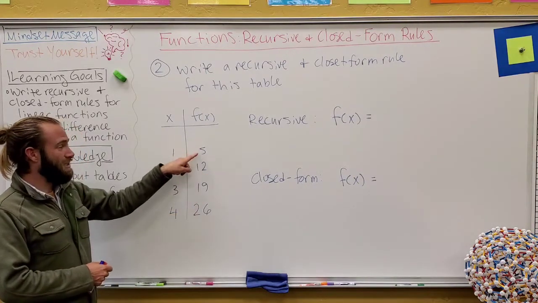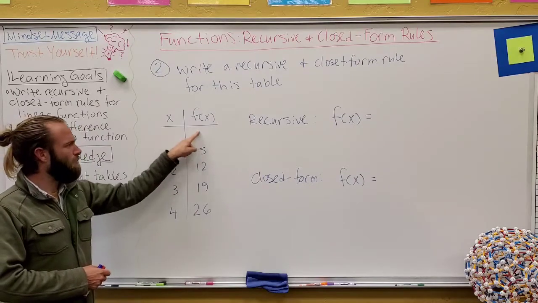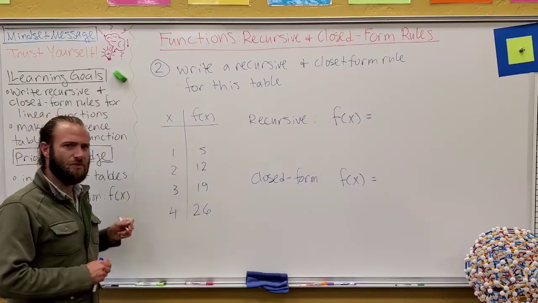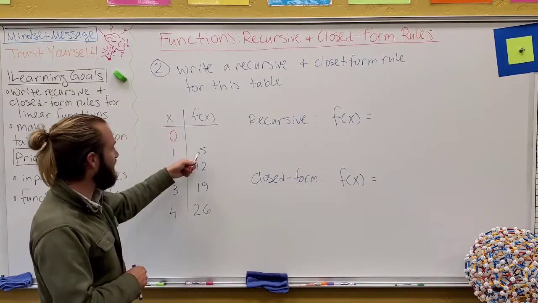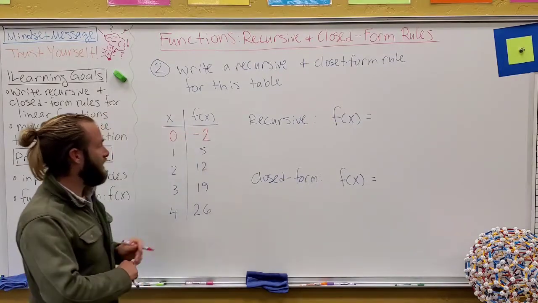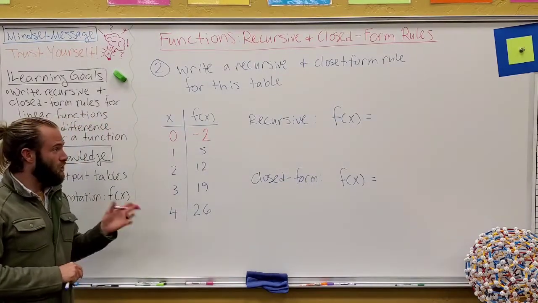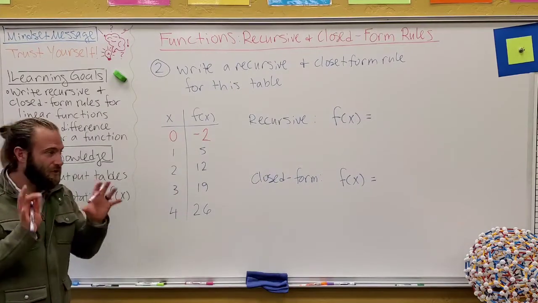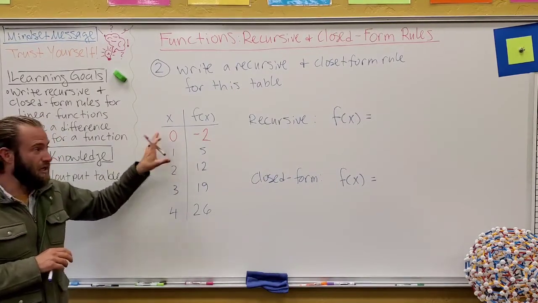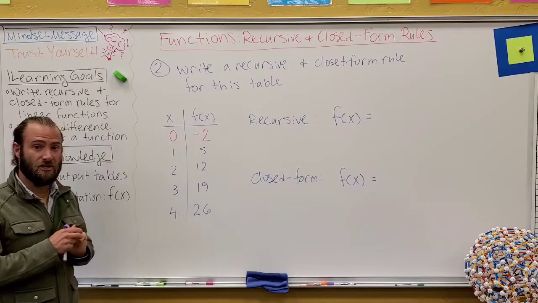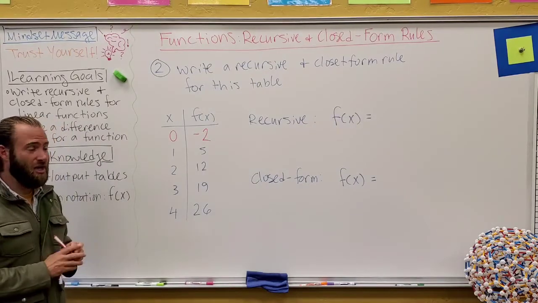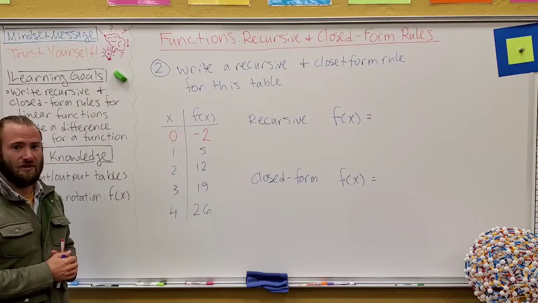So to go backwards, I need to be subtracting 7. So what belongs here if my input is 0? 5 minus 7 is -2, right? So now that that's completed, especially because I have my starting point, I can build my two kinds of functions. Please pause right now and do it yourself, and then we'll look at the answers together.